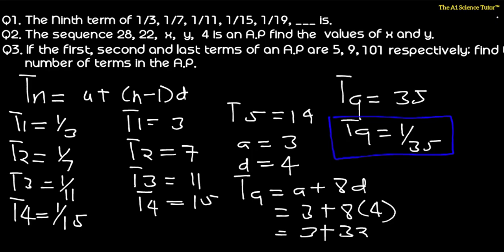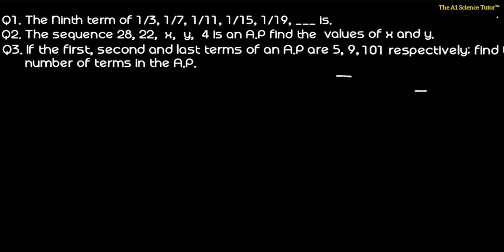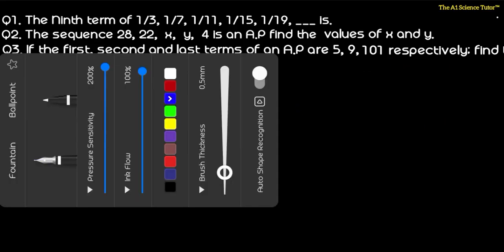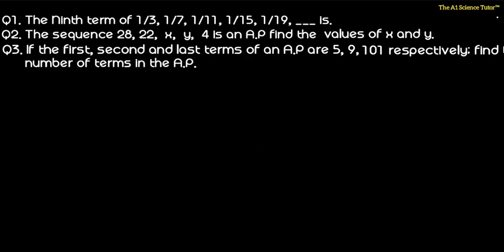So let us try the second question. Now for the second, they said the sequence 28, 22, x, y, 4 is an AP. So we are required to find the values of x and y.